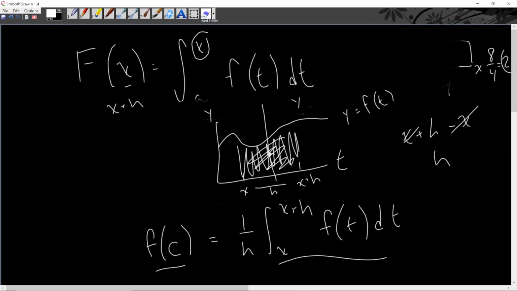I think that just kind of makes sense. Once you have this area under the curve, if you divide that by the length of the base, you should be seeing what the mean value is going to be.